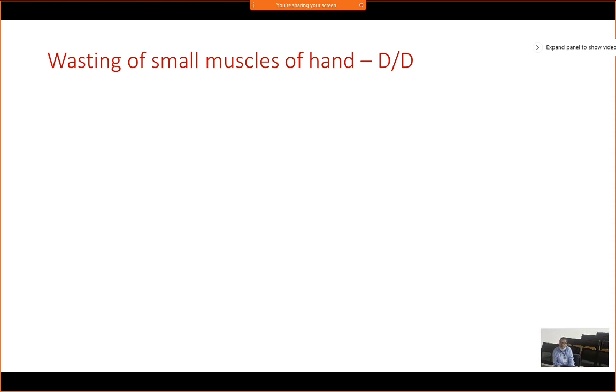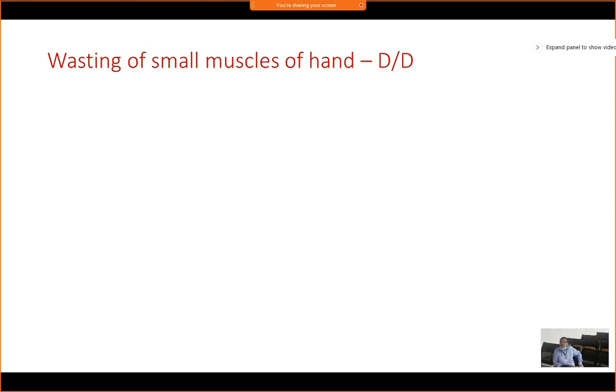So you have to know the differential diagnosis of the other diseases. That is the most important thing. Sometimes you get a long clinical case on patients coming with wasting of the small muscles of the hand. Nobody may ask you anything about motor neuron disease, and you may be restricted to the other diseases.